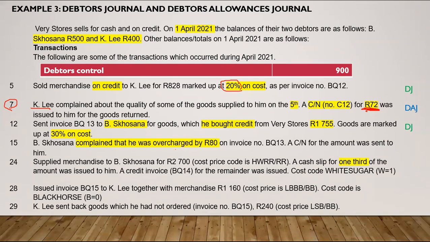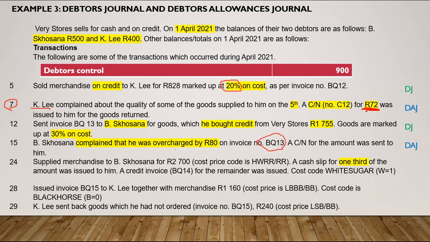Now I'm going to do the 15th. Now on the 15th, it says that Biskosana complained that he was overcharged. Now, overcharged. That will be recorded in the debtors allowances journal. It is an allowance, but remember when it comes to the overcharge, it will not have cost of sales.